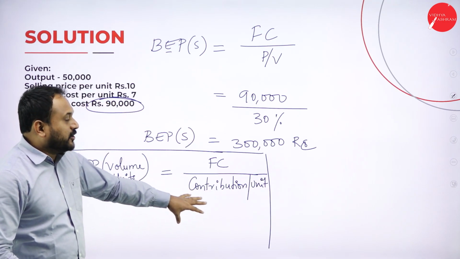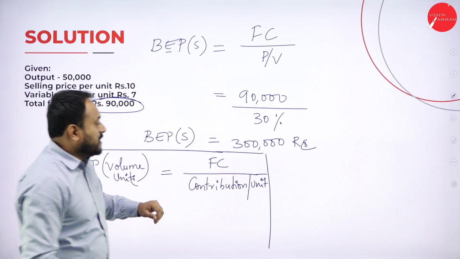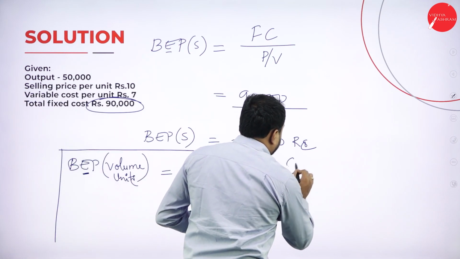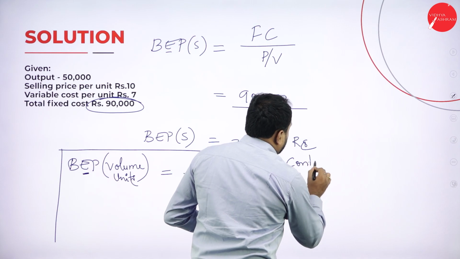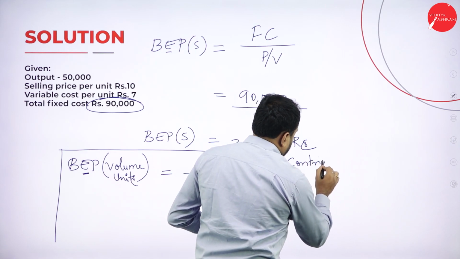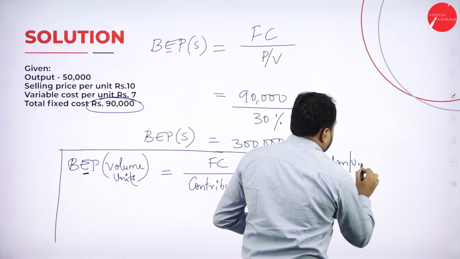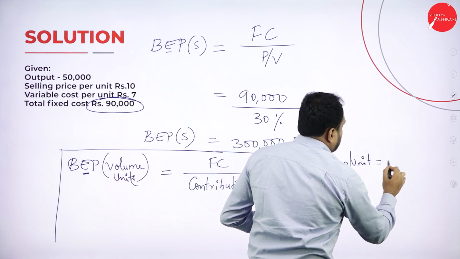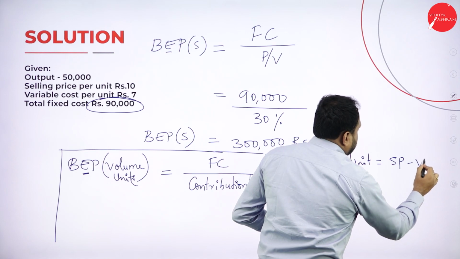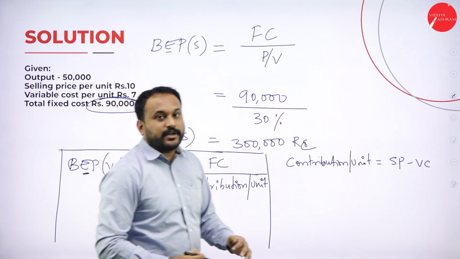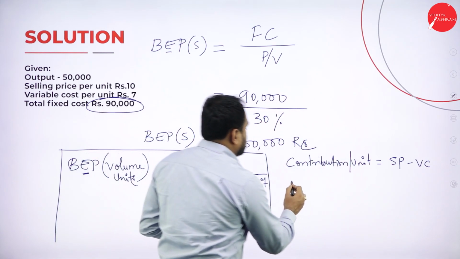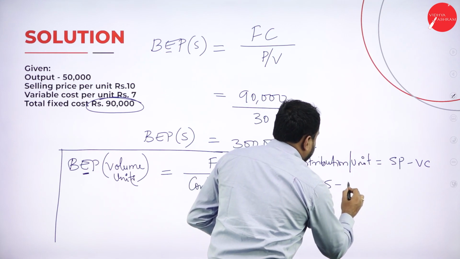Now how to find contribution per unit? Understand. What is the contribution per unit formula? Contribution per unit is equal to selling price minus variable cost per unit. So here contribution C is equal to S minus V.